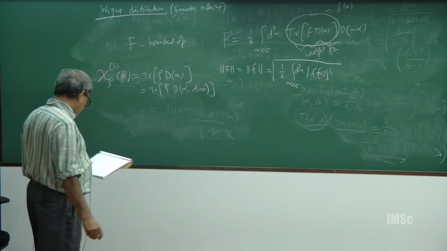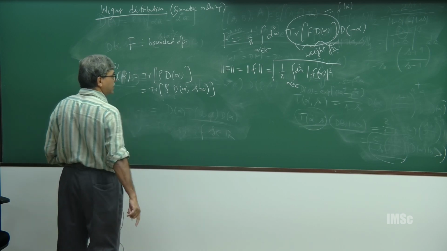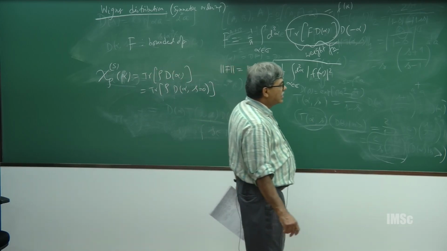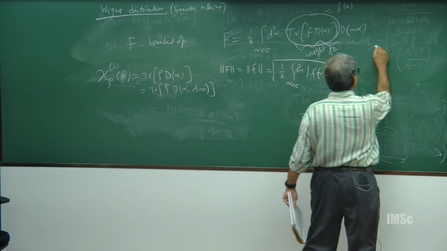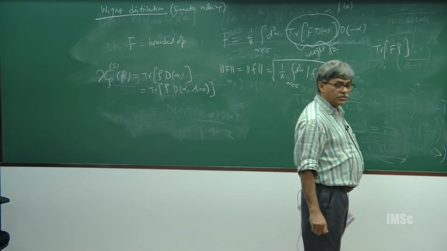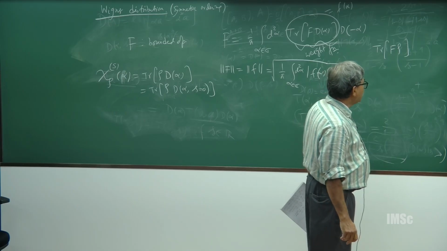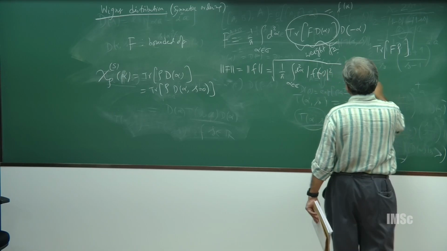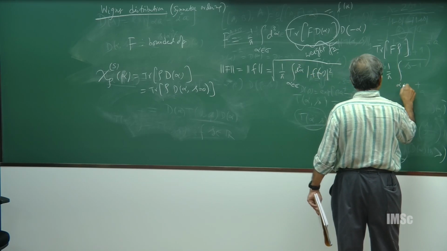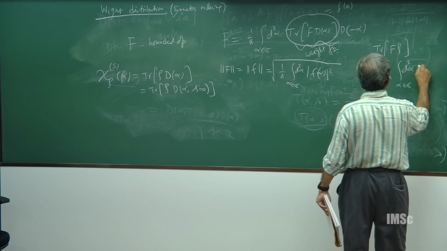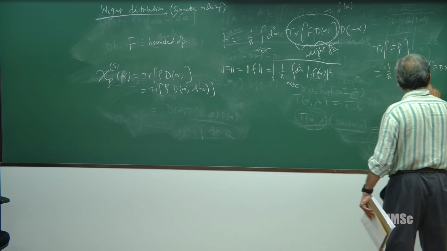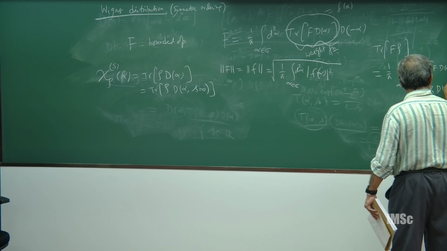So, this is my characteristic function. In fact, why this is a characteristic function: because if you take the trace of any operator f and rho, what you will have is 1 upon pi, integral over alpha belonging to C, d square alpha, trace of f D alpha multiplied by trace of rho D minus alpha.